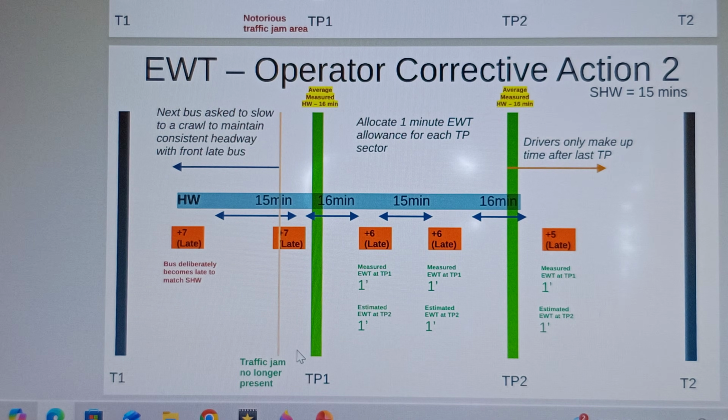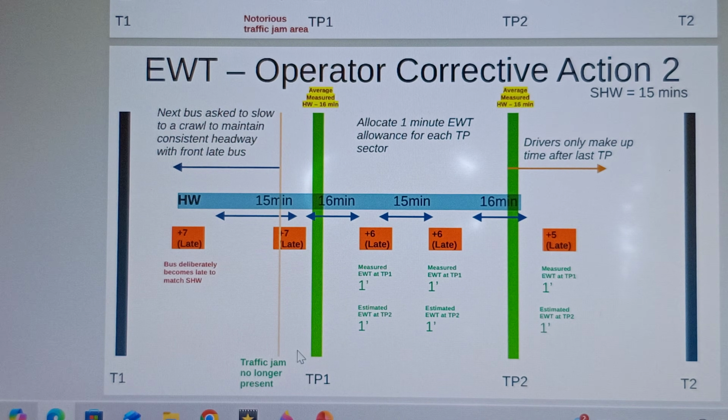So unlike Hong Kong, whereby the buses just have to depart the terminal at the stipulated time, and I'm not sure about their first and last bus, and then they can just fly. This is the reason why Hong Kong buses are able to fly, because they don't have a full-fledged timetable per se, unlike Singapore.